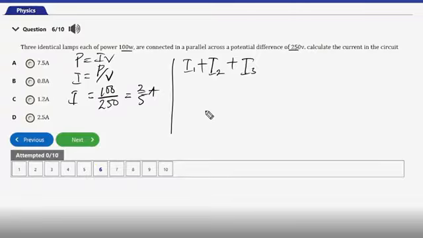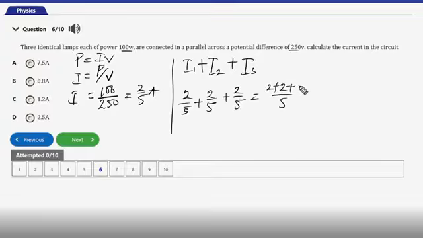So that will give us 2 over 5 plus 2 over 5. So notice that they are identical lamps, plus 2 over 5. So this will give us, the LCM of this is 5. So 5 over 5 is 1 times 2, that's 2. The same here, 2.